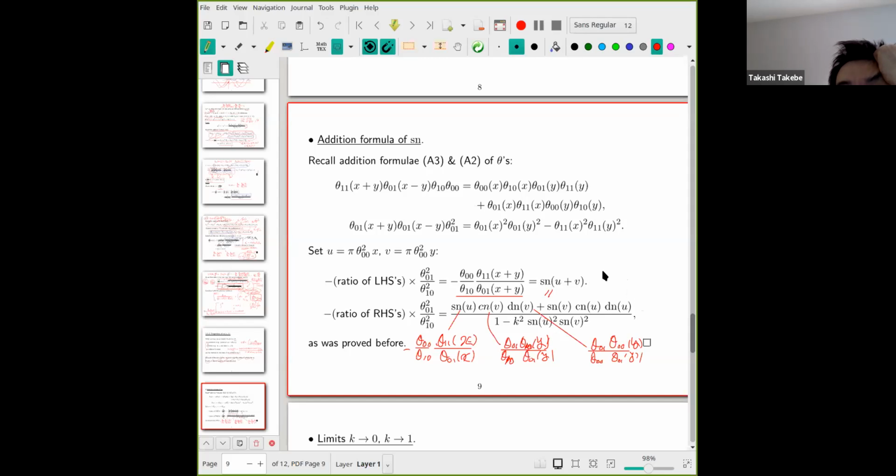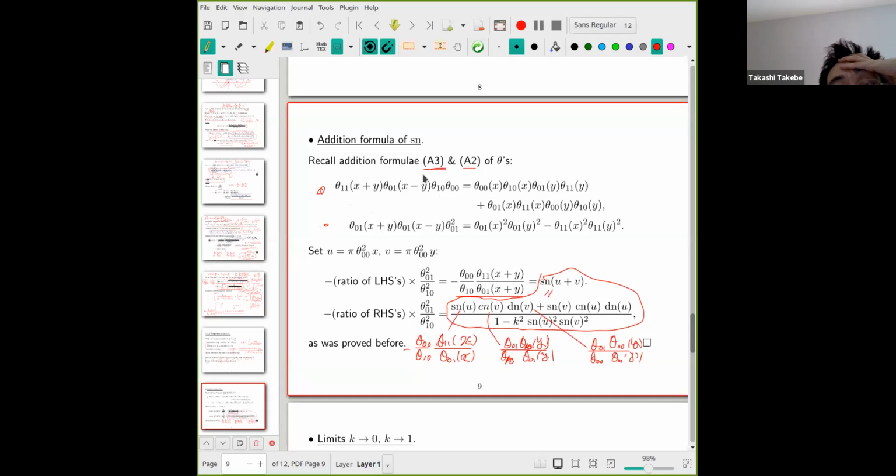So this equation actually comes from the ratio of two addition formulas, which were named A3 and A2 2 weeks ago.